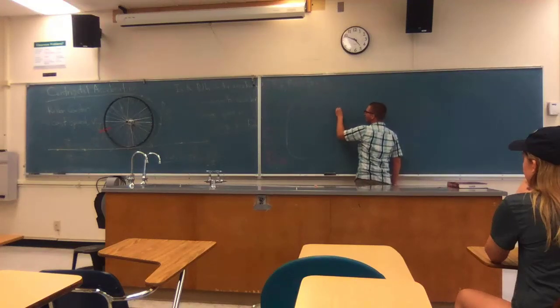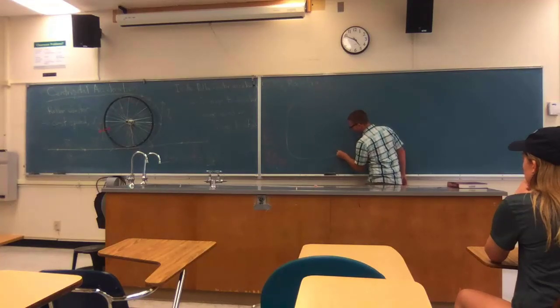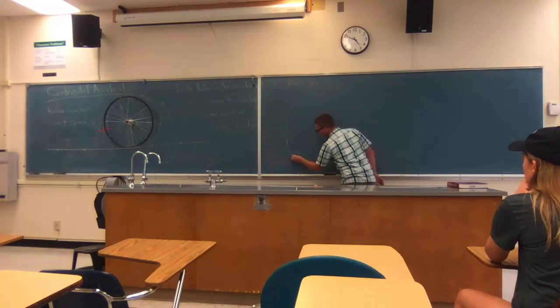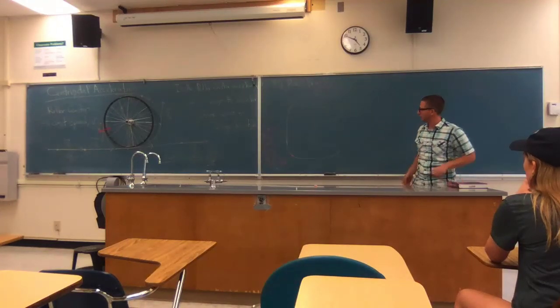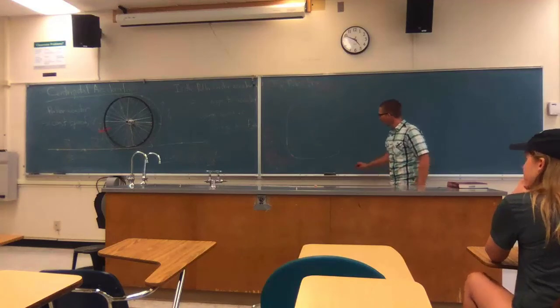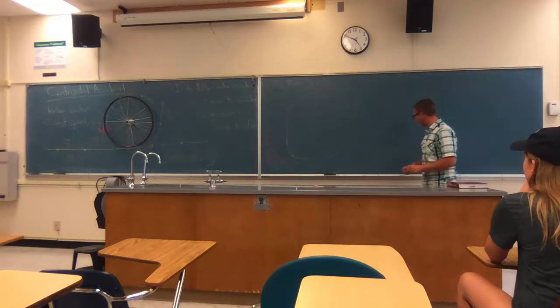So later on it's here, it's here, then it's here, then it's here, and then it makes it back and it just keeps going around and around the loop. So what I want you to sketch in your notebook are the acceleration vectors at each one of these points.